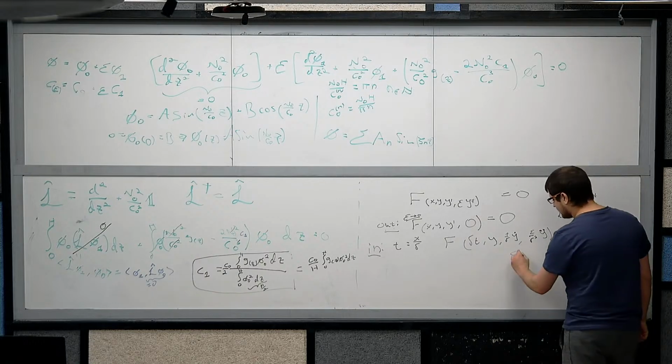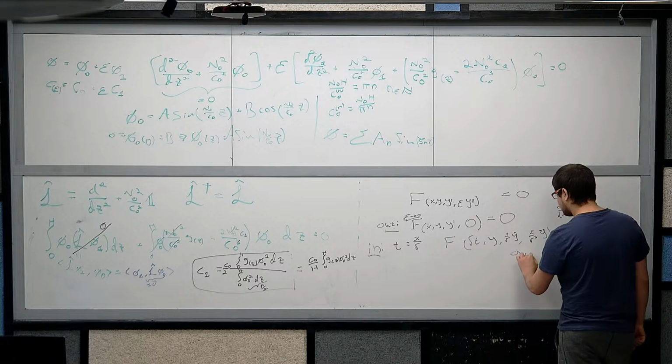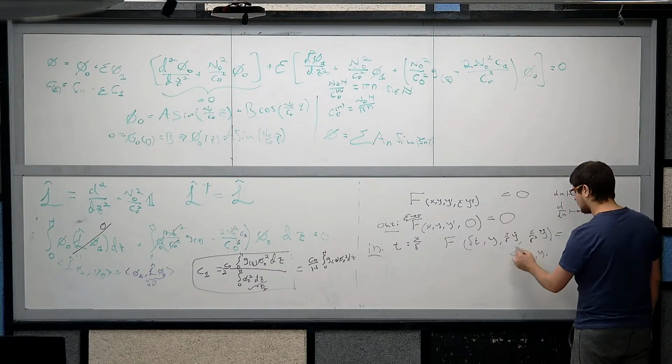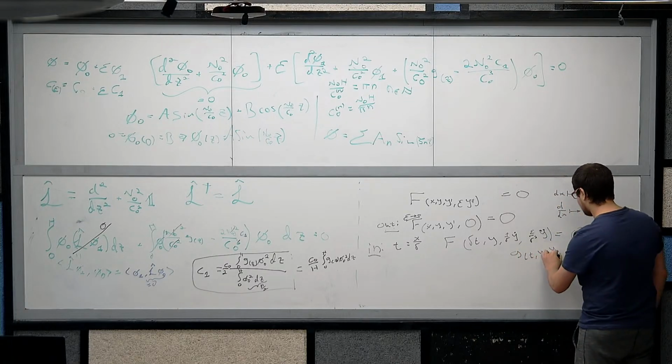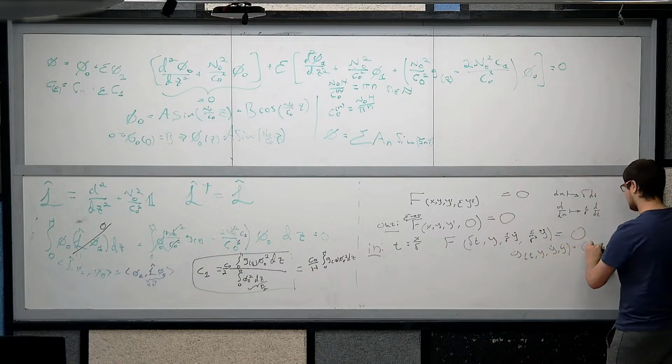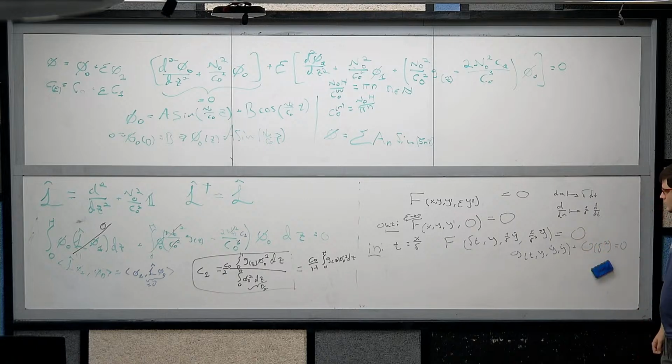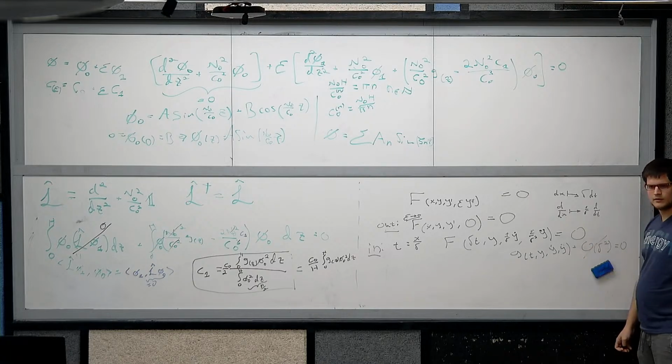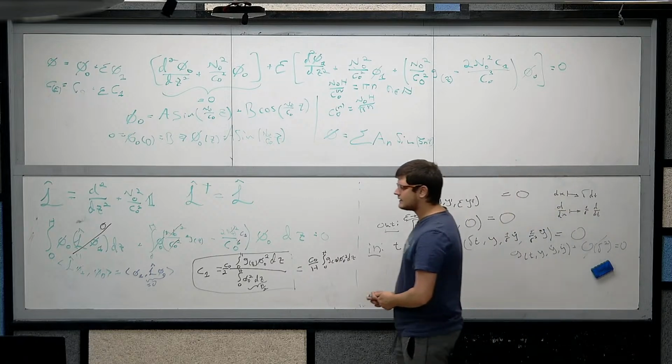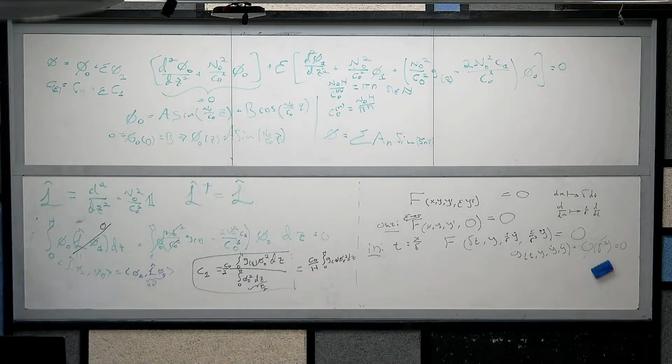So present that as g of t, y, y dot, y two dots, plus O of delta squared, equal to 0. That O of delta squared we throw away, and that practically summarizes what we are doing in order to find an approximated solution in a specific region.